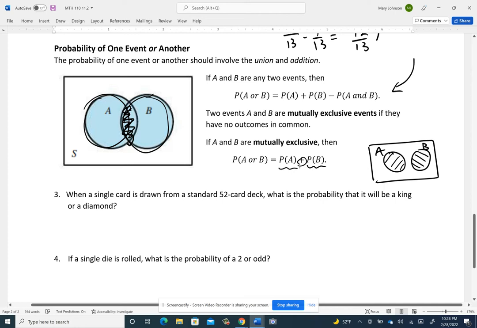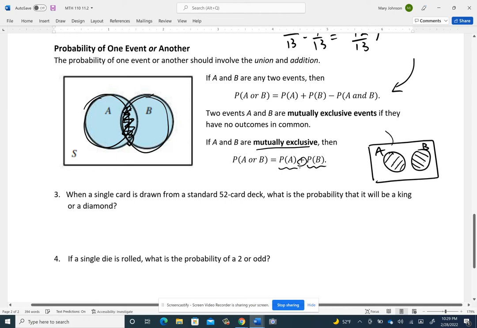So this up above, that's the general formula that works in all cases. If your 2 circles don't intersect because there's no outcomes that fall into both cases, then you can use the simplified version here. But this formula above would actually also work.